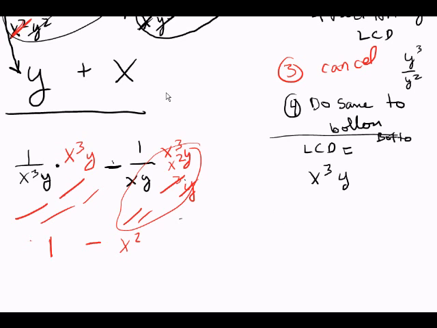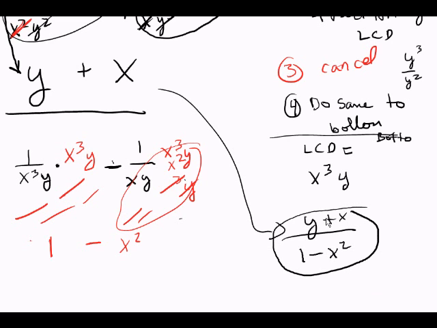So okay, I'm going to put the answer over here. So on the top we have y plus x. On the bottom we have 1 minus x squared. And we're done.